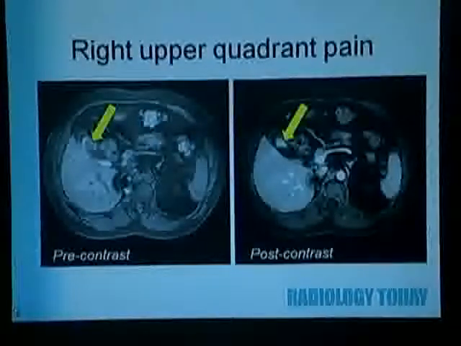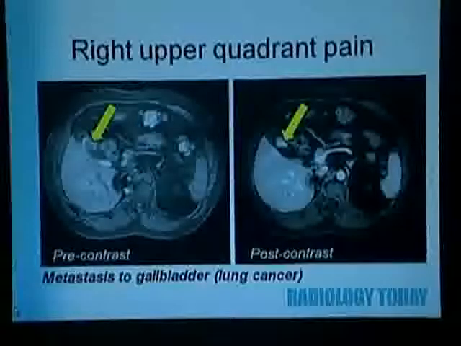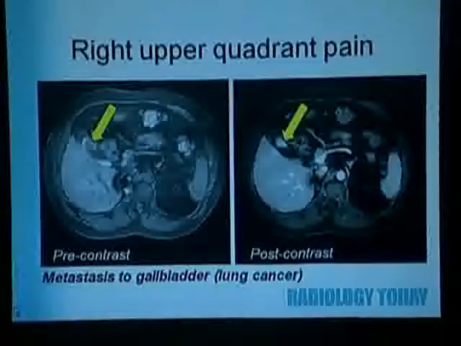And at that time it was thought, well, this is probably a large polyp. Either way, with this size, greater than a centimeter, surgical removal of the gallbladder is indicated. But on pathology, it turned out to be a metastasis to the gallbladder from lung cancer. Not common, but the point is it would have been removed anyway, but the MR helped to further evaluate whether or not it was enhancing and truly sludge.